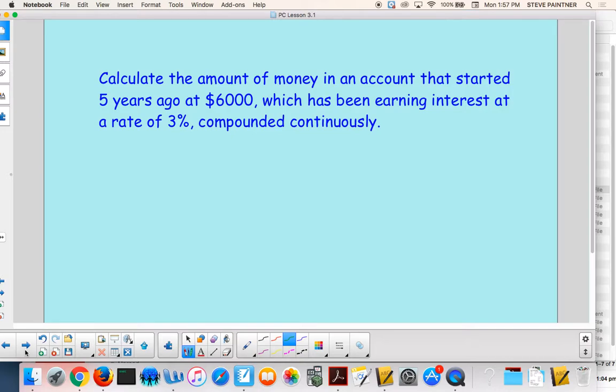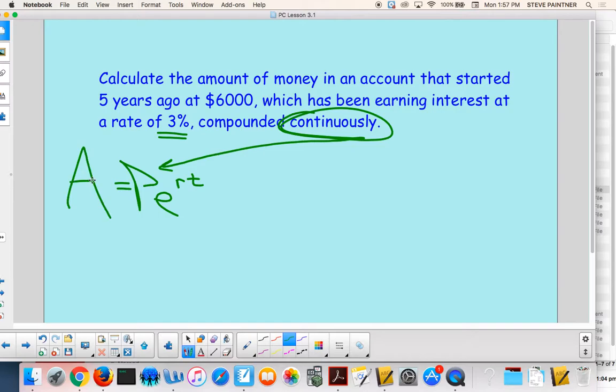Here we go. Let's see if we can get this slide in before the bell rings. Calculate the amount of money in an account that started 5 years ago at $6,000, which has been earning interest at 3%, compounded continuously. That's Pert. Well, how much money did I invest? $6,000 right there. Times what number? E is a number. Use your calculator. What's the interest rate? 3%, 0.03.